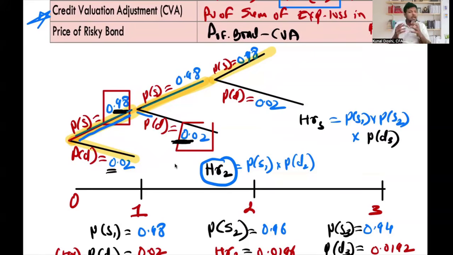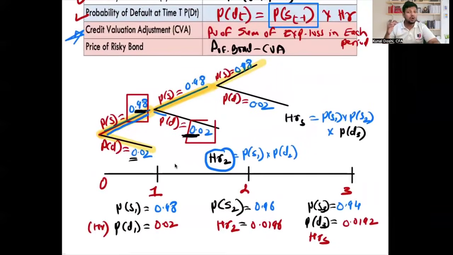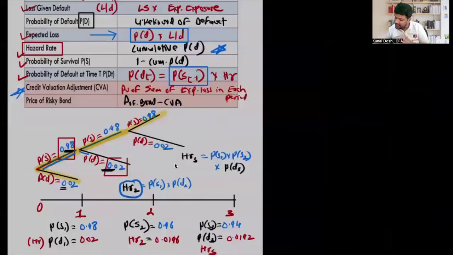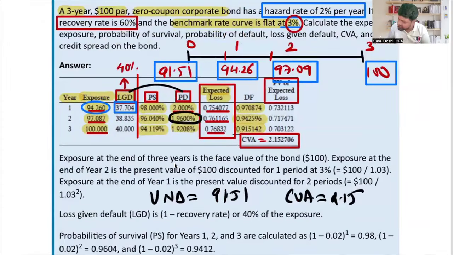So when you do 98% of 2%, that is 1.96 percent. This 1.96 percent is the cumulative probability of default in the second year.